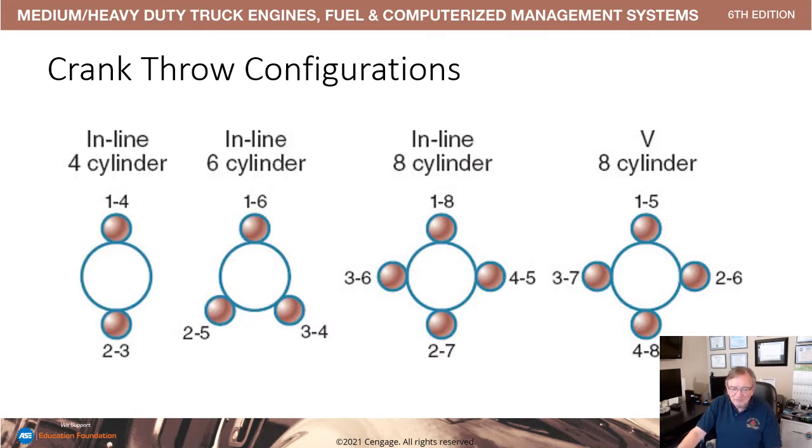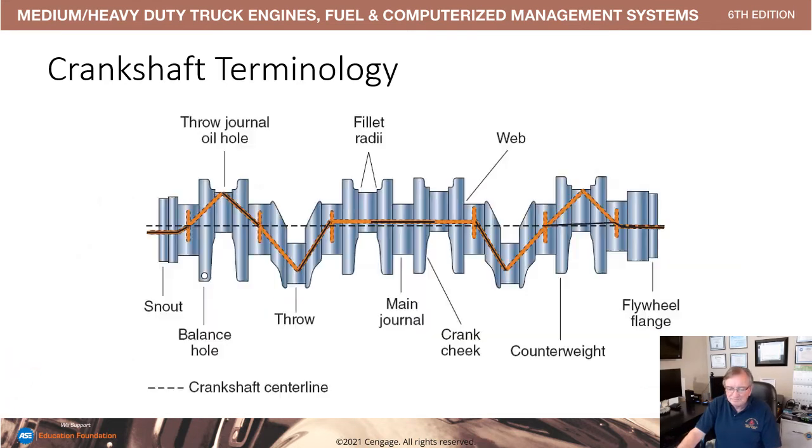Typical crankshaft throws in our inline 6, which is our common heavy truck engine. We have the companion cylinders again, and they are each geometrically defined by their position in the crankshaft. There is an oil passageway called a journal oil hole, also known as rifling.